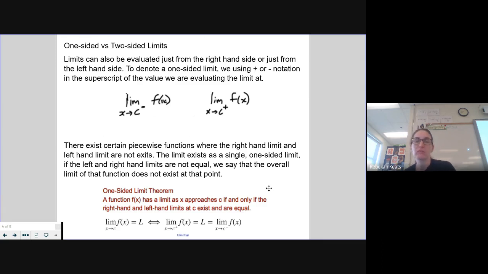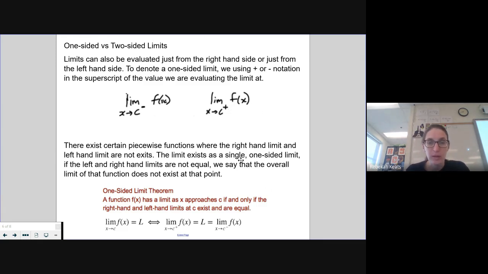If we denote a one-sided limit, the notation changes slightly: the value at which I'm evaluating the limit has either a superscript of a negative or a positive. This says the limit of f of x as x approaches c from the left would be equal to something, and this denotes that the limit of the function as x approaches c from the right is equivalent to a value.